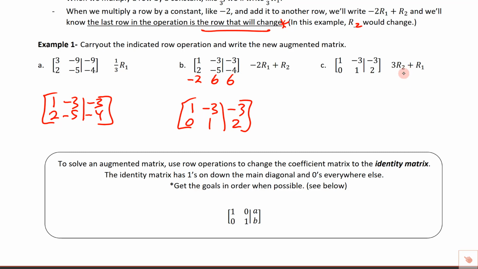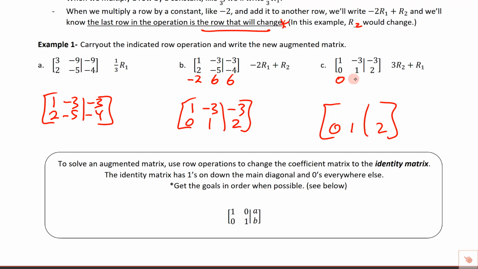Now we're going to do this one right here. Crew, which one is not going to change on this one? Row 2. Row 2, very good. I'm comfortable with row 2. I like it. I'm going to leave it there. So this is 0, 1, 2. The one that is going to change is row 1. I'm going to use 3 times row 2 and add it to row 1. So I'm going to multiply row 2 by 3.